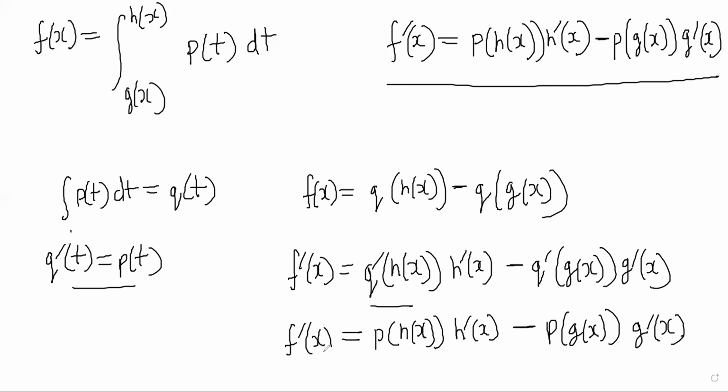Which is the formula I have written on top here. So basically, if you have an integral function of x with some function of x as the upper limit and some function of x as the lower limit, the way to differentiate it is: instead of t, put h of x and differentiate h of x, minus, instead of t, put g of x and differentiate g of x.